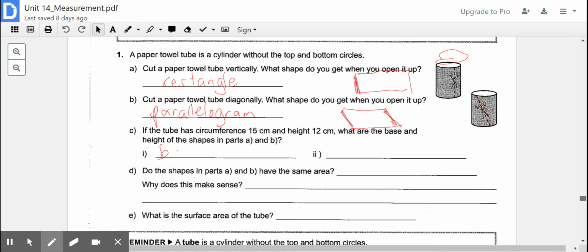So then the base is 15, and the height is 12. Now, if I take a look at the second shape, my parallelogram, well, the base is going to still be 15. And the height will also be the same.